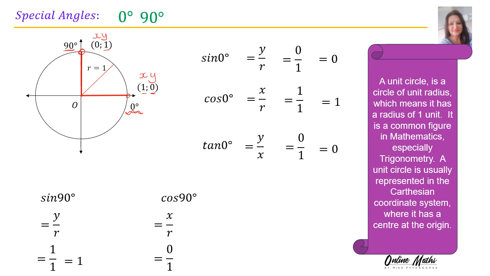The x at 90 is 0 over 1, which is 0. Therefore, cos 90 degrees is 0. And then tan 90, tan's ratio is y over x, which is 1 over 0, and that is undefined since division by 0 is not permitted.